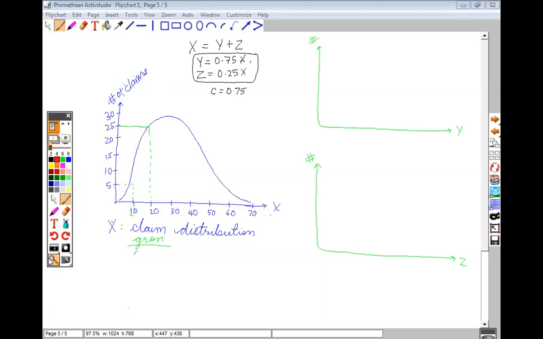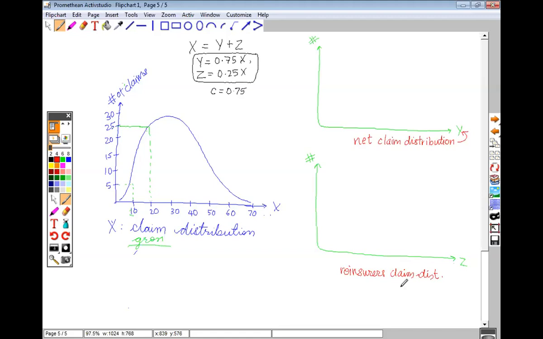Now if I am to plot the same kind of claim distribution graph, this was the gross claim distribution, and here I'm planning to plot the net claim distribution, which is represented by Y, and this will be the reinsurer's claim distribution.